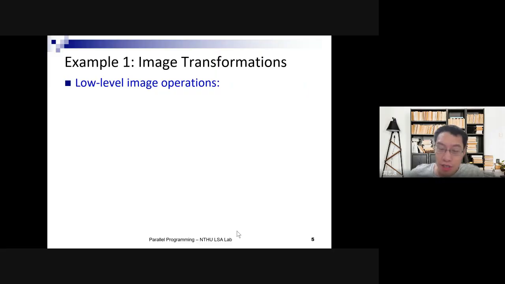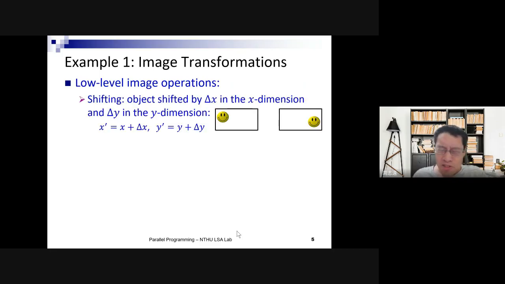Okay, so as we mentioned, this is a common case for many parallel computation applications. One example is image transformation. Image transformations are computing tasks that apply some transformation operations on an image, and they are very commonly seen as low-level image operations. For example, shift.